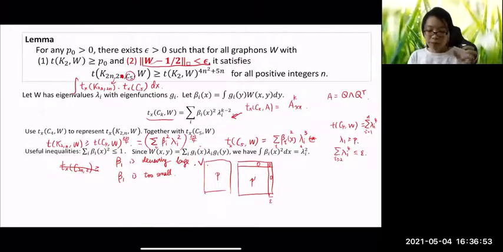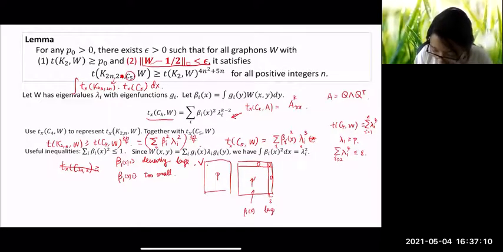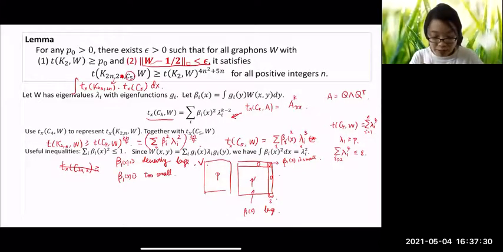So we have basically a positive fraction of the vertices with basically no degree, and all the weights are concentrated on the rest of the graph. Then beta 1(x) is large in the dense subgraph, but it is very small here. And if this set is very small, then we are still good, because most of beta 1(x) is large, so we can still make the main term offset the error terms.